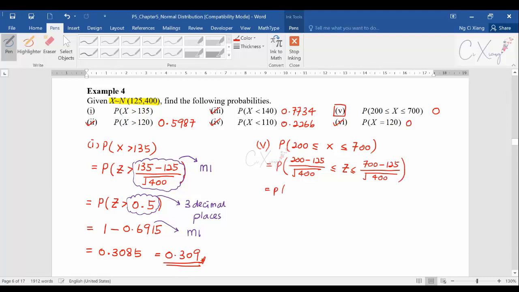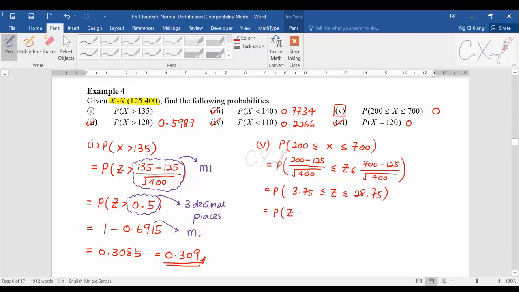Okay, so if you press the calculator correctly, you will get this is 3.75 and this one is 28.75, right? If you press calculator. Okay, so z is between 2 values.